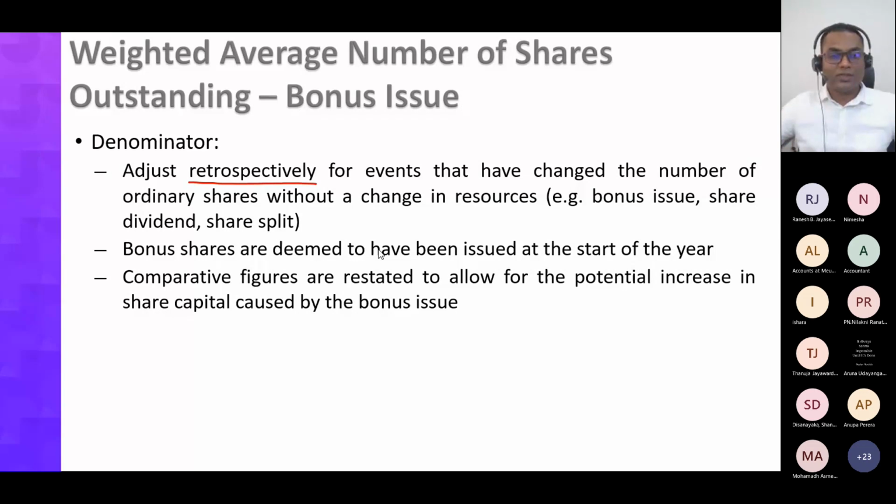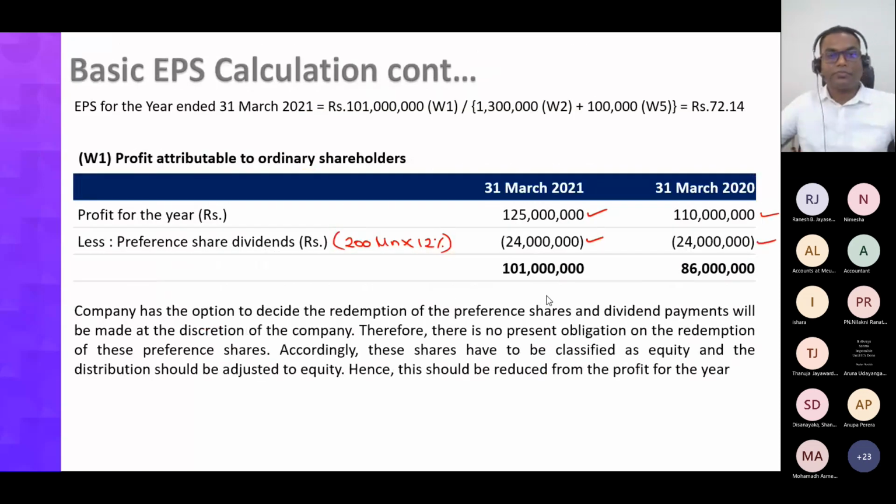Are we clear? So the bonus shares as well as share split and share dividends are to be taken as if those changes happened at the start of the year. Even the comparative figures are restated. So we look at the question.